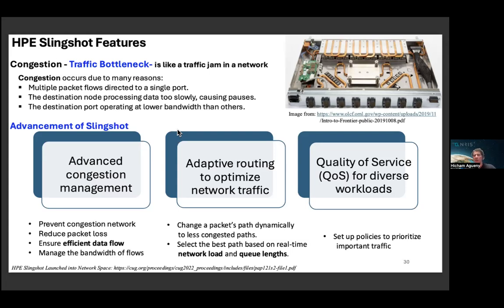And the last feature here is quality of service. This is a service that sets up policies to prioritize important traffic. So these are some of the features integrated into the Slingshot hardware, mostly to optimize the traffic.